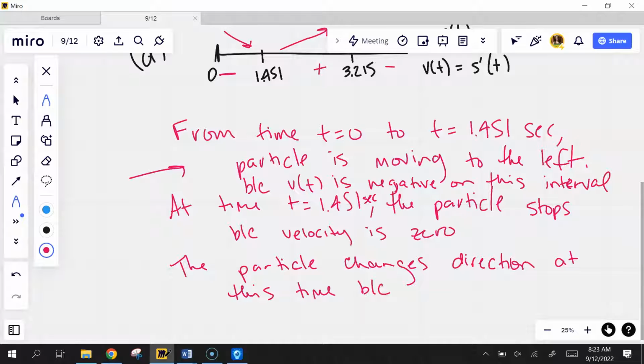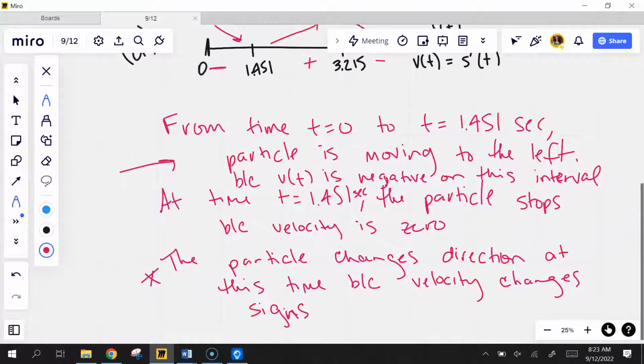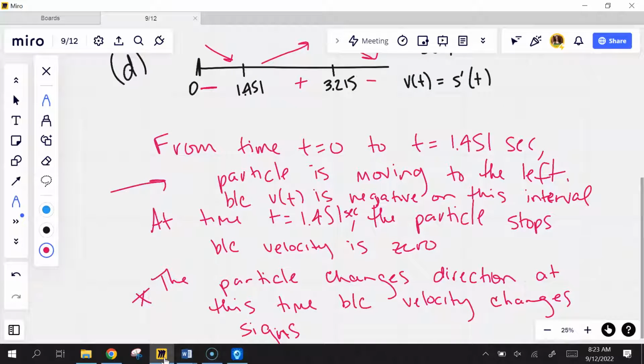Velocity. Because velocity changes signs. This is a big one. That one comes up a lot. At what point does the particle change direction? Well, every time it's 0. I'm still not done. This only describes up through here, right?